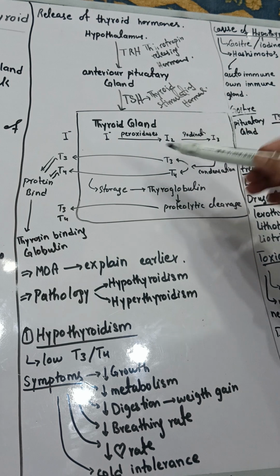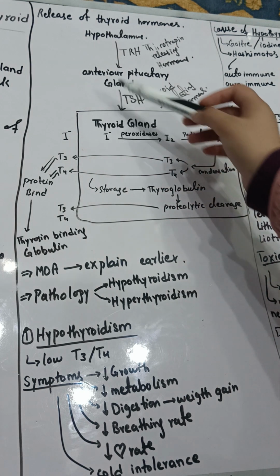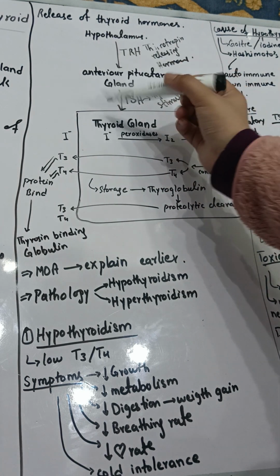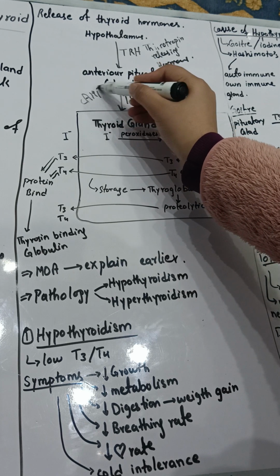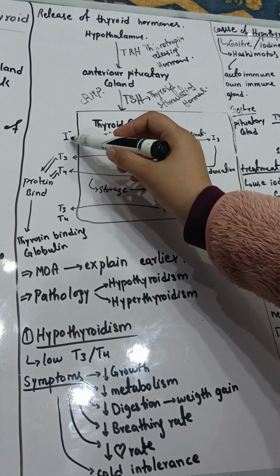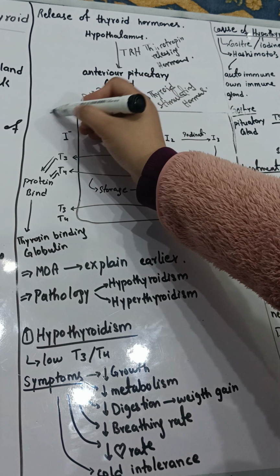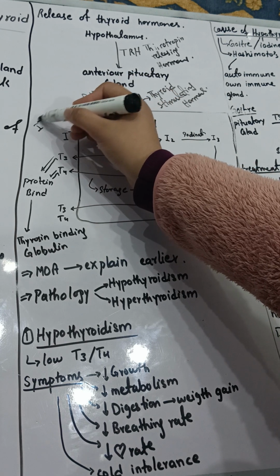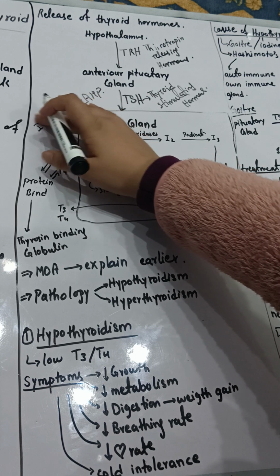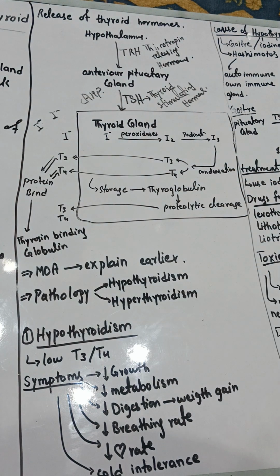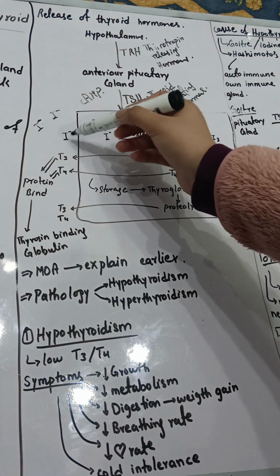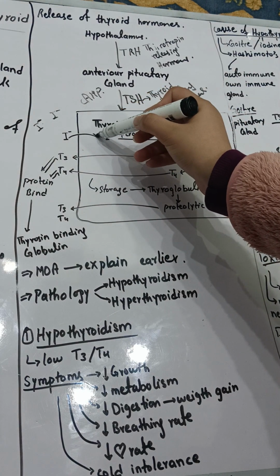Due to the anterior pituitary, it will activate the cyclic AMP pathway, and due to the activation of this cyclic AMP pathway, the concentration of iodide, I negative, increases around this gland, particularly in the surroundings of it, and it will enter into your thyroid cell. Like this, iodide is now entering into this cell.